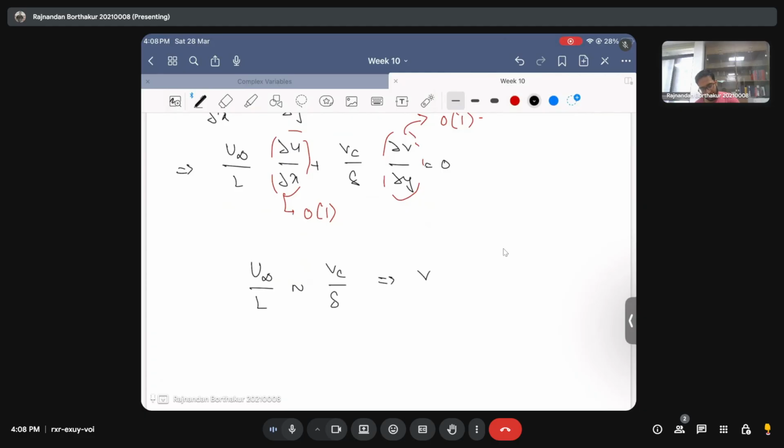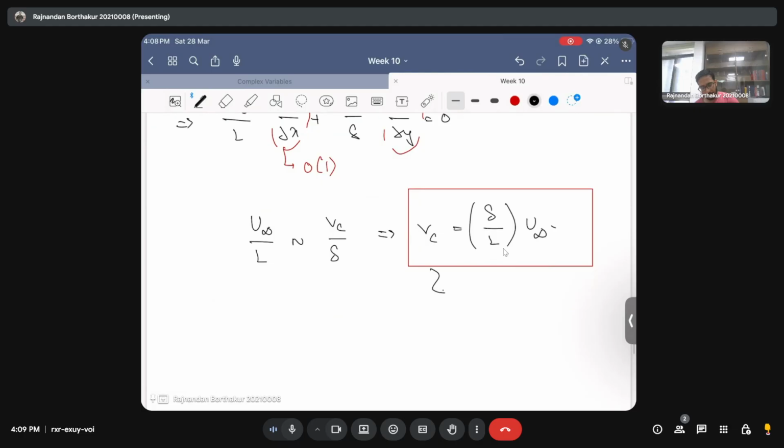This means that Vc, the characteristic velocity in the y direction, is equal to delta by L times u infinity. So the continuity equation gives us a means of calculating the characteristic velocity in the y direction.